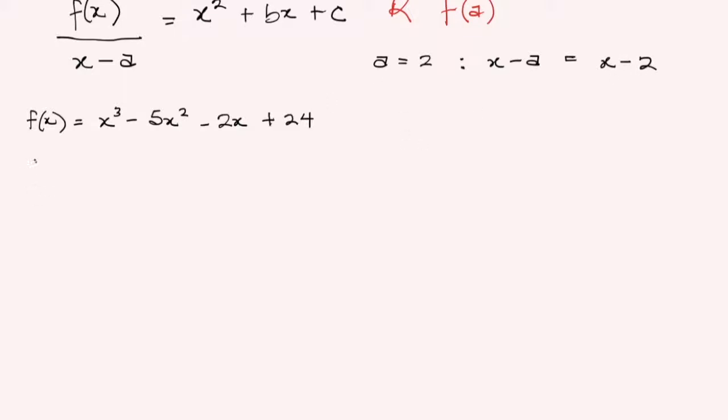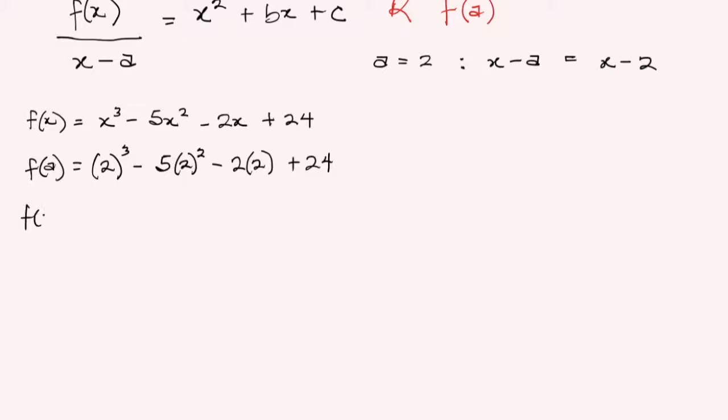So if we evaluate f of a, all we need to do is simply replace all the x's in our polynomial by 2, which is equal to a. So 2 cubed minus 5 multiplied by 2 squared minus 2 into 2 plus 24.